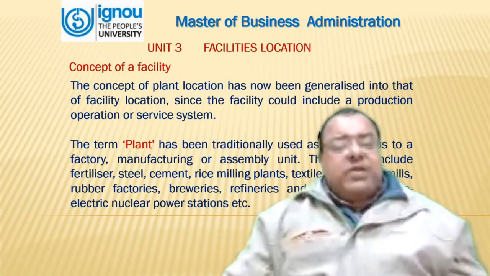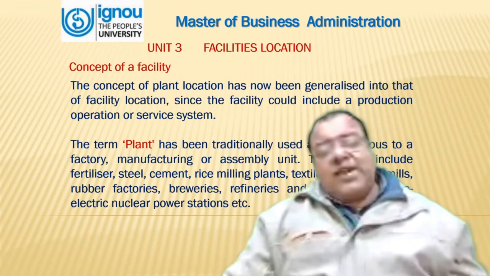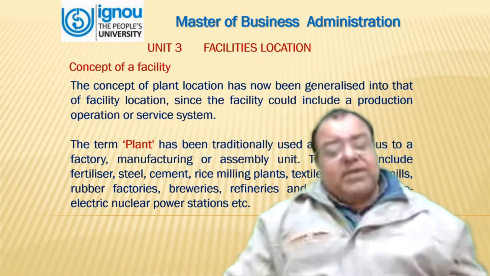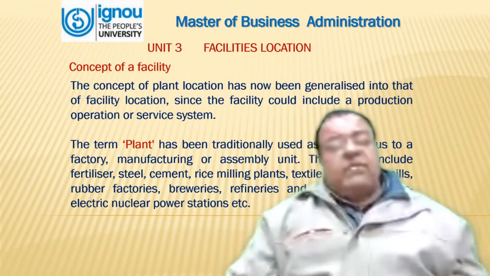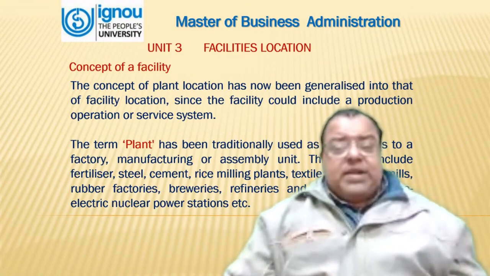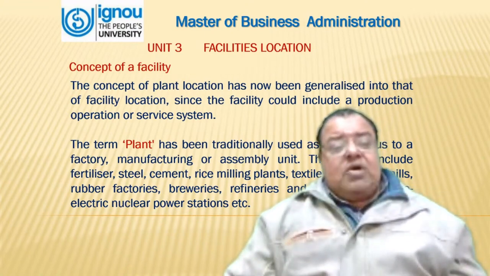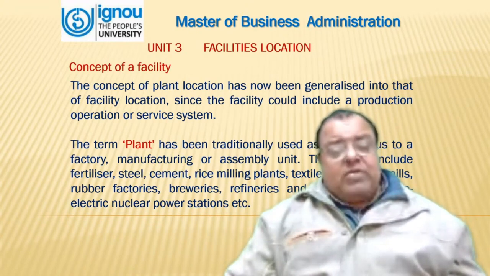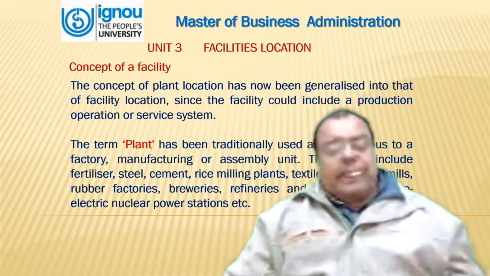Now, we move on to Unit 3, which is related to facilities location. What is the concept of a facility? The concept of plant location has been generalized into that of facility location, since the facility could include a production, operation, or service system.